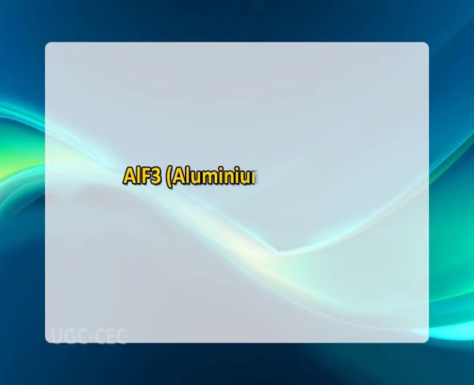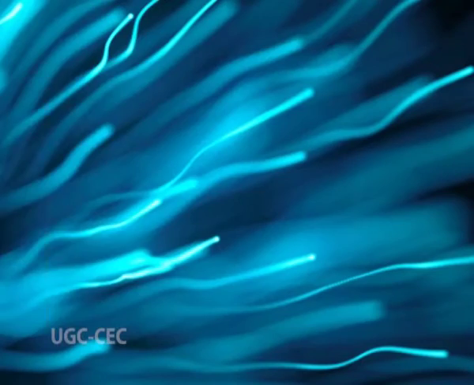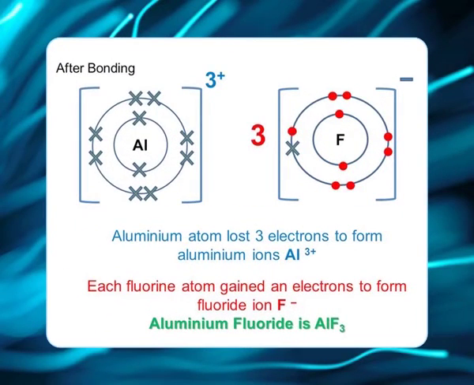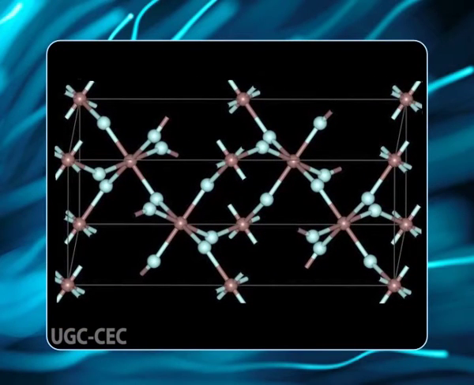Another example of an ionic compound is aluminum fluoride, AlF3. The aluminum atom loses 3 electrons and each fluorine atom gains 1 electron to get the nearest inert gas neon's electronic configuration, that's helium 2s2 2p6. Thus formed Al3+ and 3 fluoride ions combine together to give aluminum fluoride, that is AlF3.